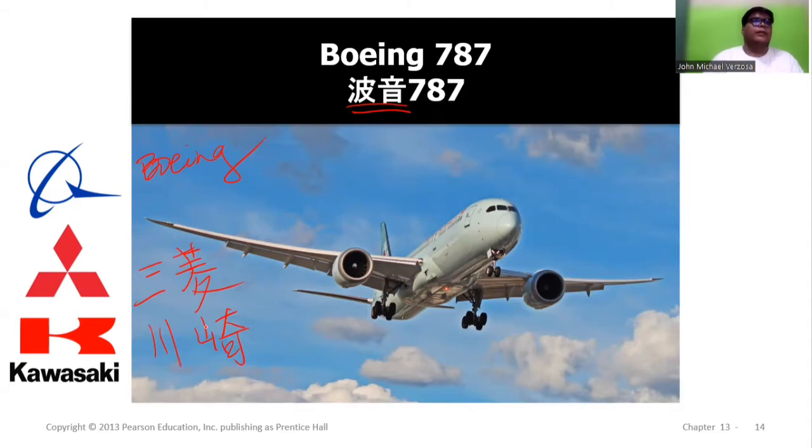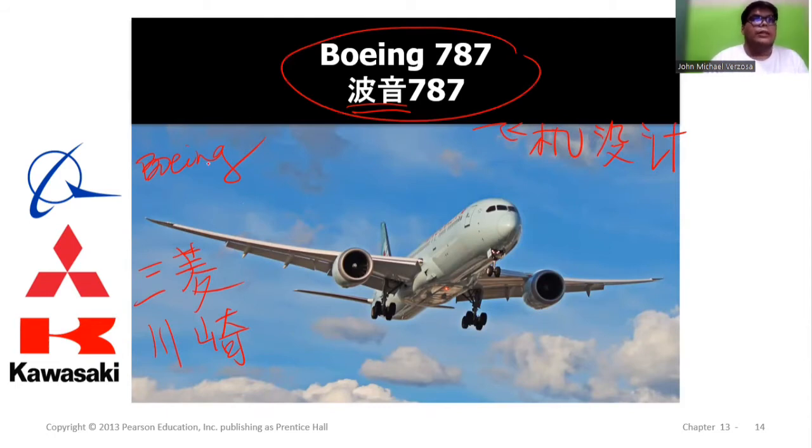So these three combine for the design of aircraft. Okay, and it became the Boeing 787, with the design output being 80% for Boeing and 20% for the two companies, which is Mitsubishi and Kawasaki.